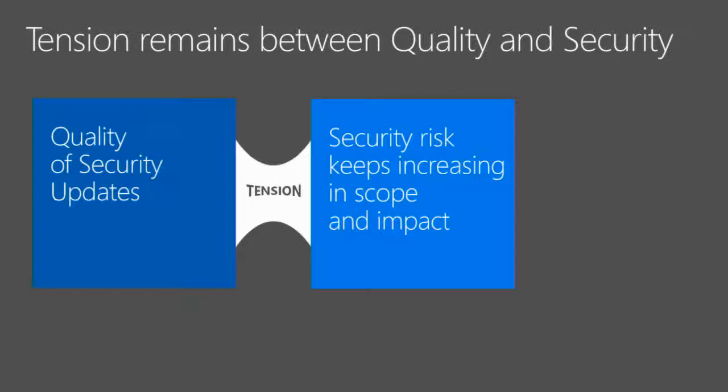Security updates can be very quickly reverse engineered by people who would like to exploit those security flaws. And therefore, you have to deploy them quickly, and therefore, if there's a quality problem, it ends up manifesting itself in your environment.